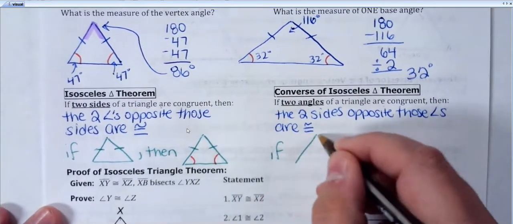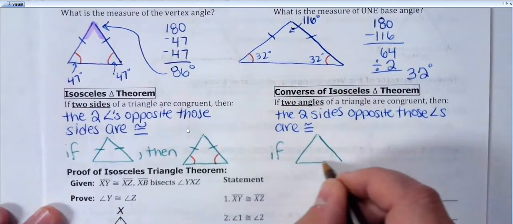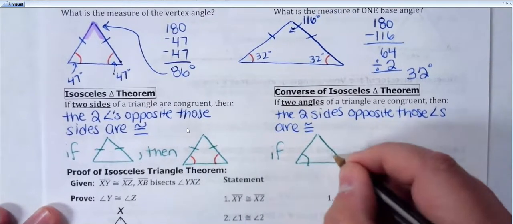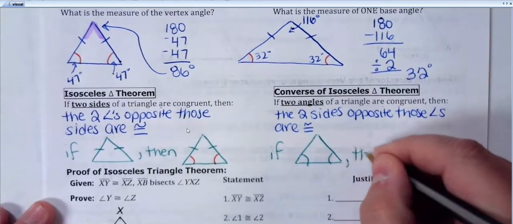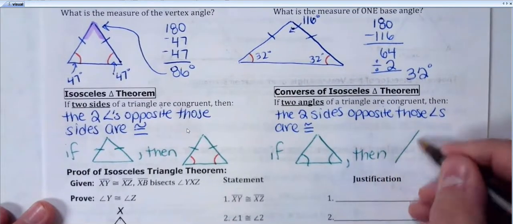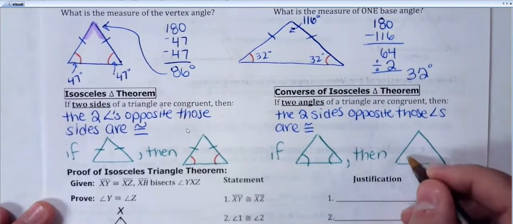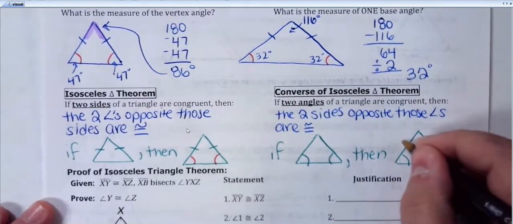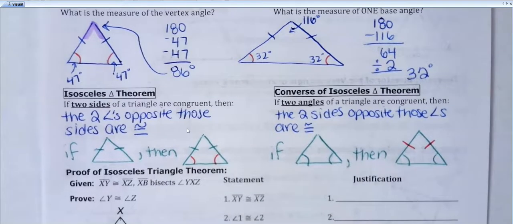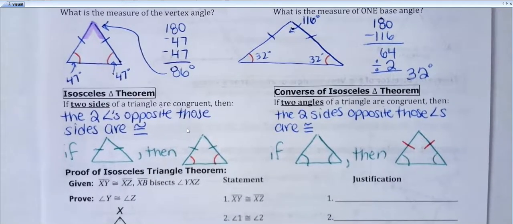Basically, I would have a triangle and they would mark two angles as being congruent. Then I could automatically put into that drawing that the two sides, one across from each angle, would be the same. It's a converse. One says I have the two sides, I can have the two angles. The other says if I have the two angles, I can have the two sides. So that's your isosceles triangle theorem and the converse to that.